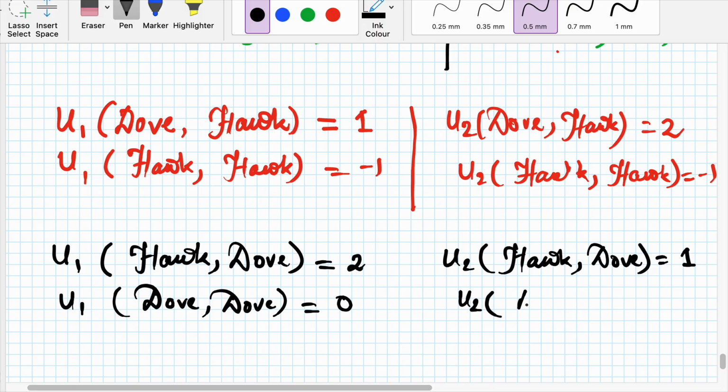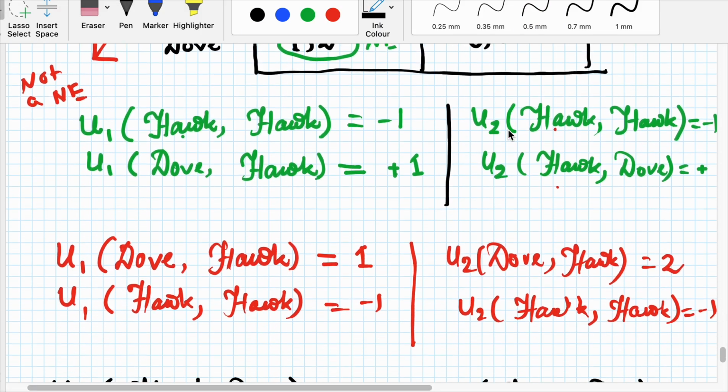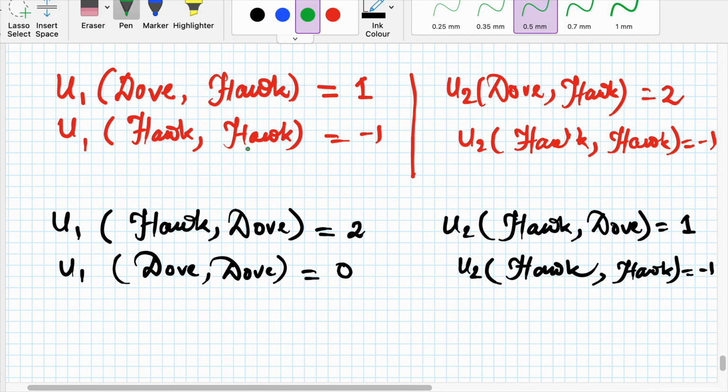If it changes from dove to hawk, it will get -1. So it will not change because it would lose utility. So this strategy profile is also a Nash equilibrium, because no individual wants to deviate from this strategy unilaterally. And we'll see that dove dove is again not a Nash equilibrium. Why?